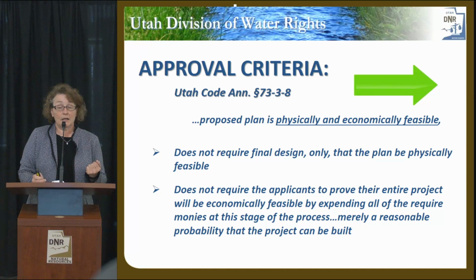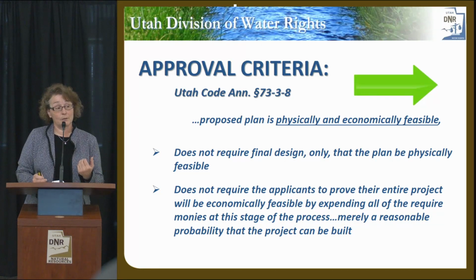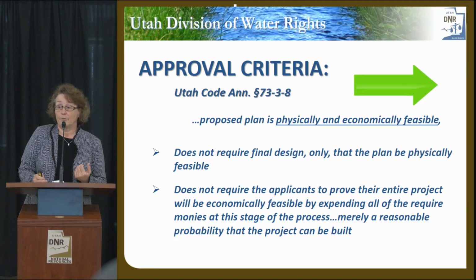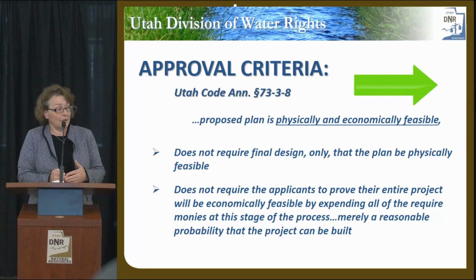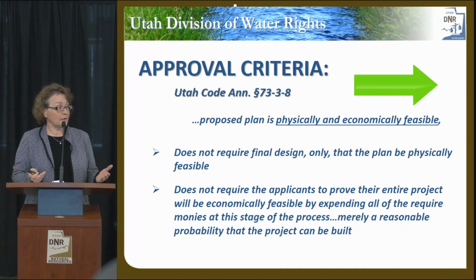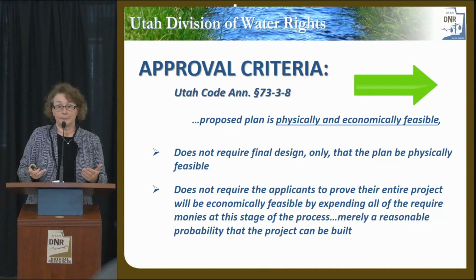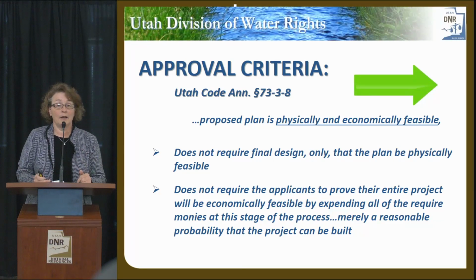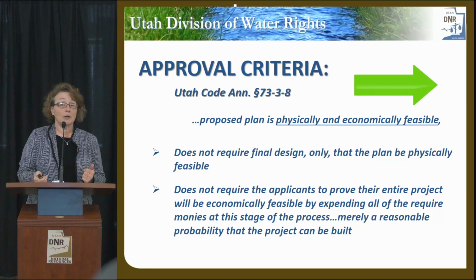On physically and economically feasible, I talked again about that reason to believe standard. When you apply for an application, because of that reason to believe standard, you don't have to have complete drawings on your project, finance, all paid for. You just need to give us the reason to believe that it's physically and economically feasible.